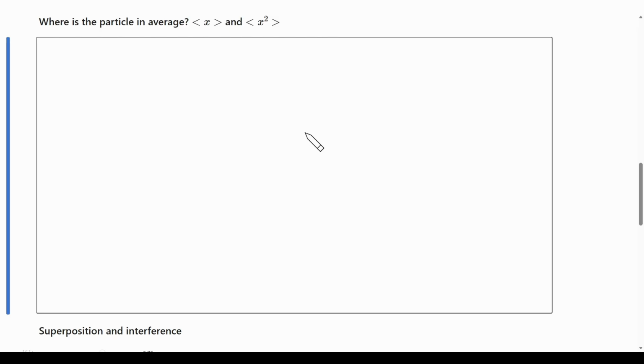What will happen to the average position x?